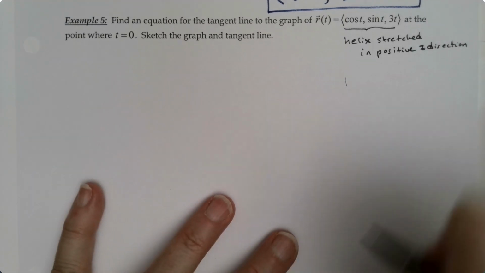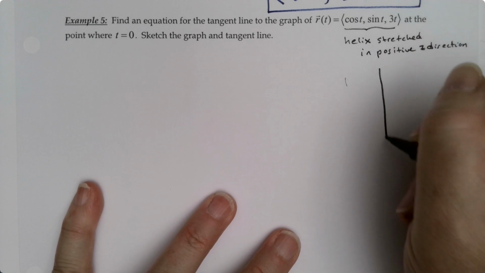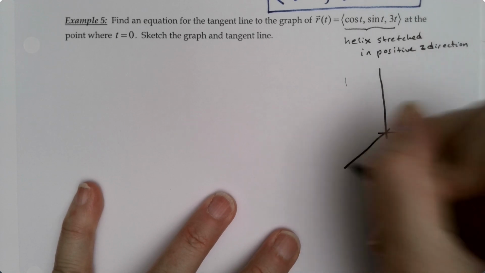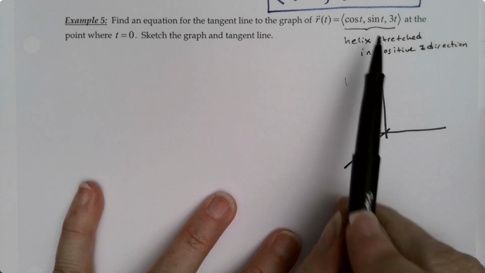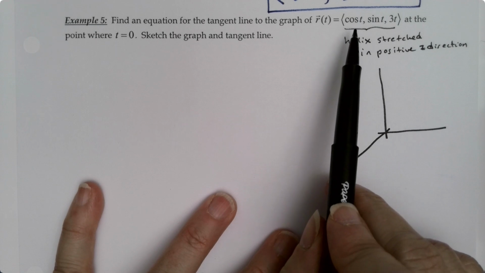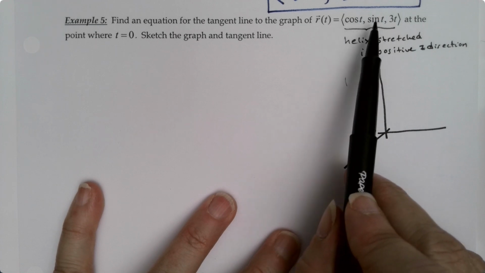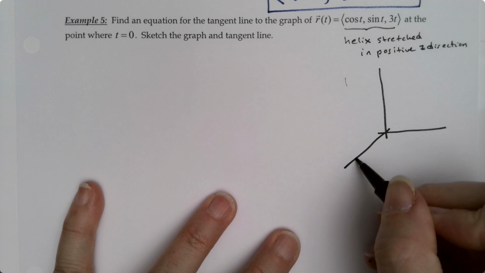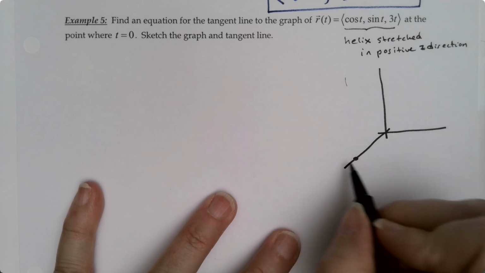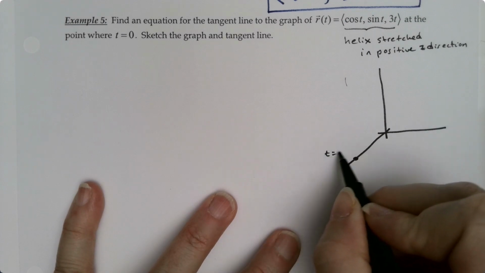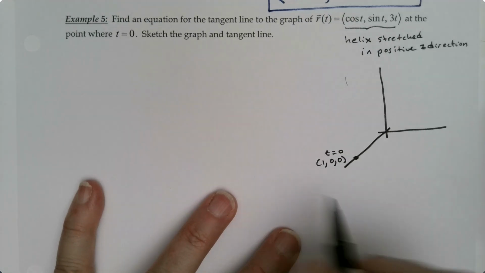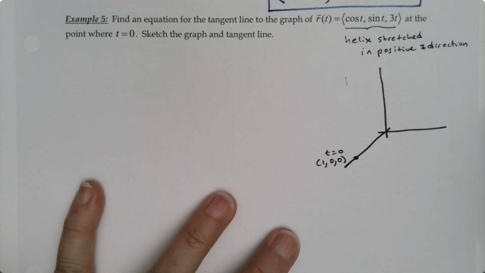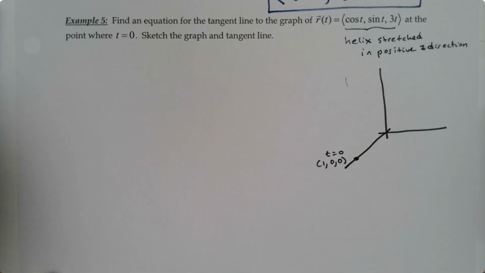Okay, so let me just think about that for a second. So I have this right here, and if I was putting 0 in, 0 would get me 1, 0, 0. So it would start over here, right? At t equals 0, it's 1, 0, 0. Actually, let me write that in over here somewhere.